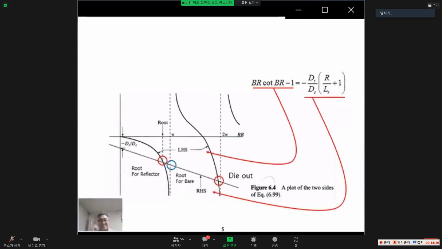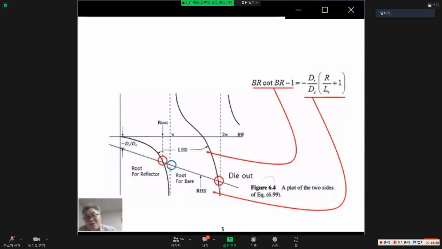Again, if it were a bare reactor, BR should be pi, but in this graph the root comes just before pi. So BR of the reflected reactor is less than pi. That means the reflected reactor requires a smaller critical radius. That is an important finding.